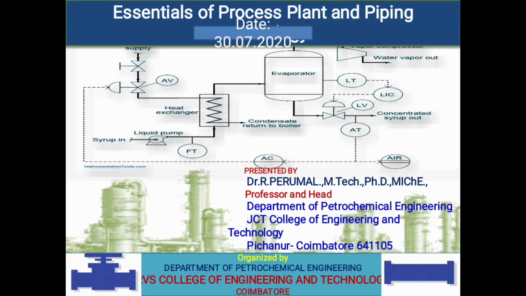You have to thoroughly know about the anatomy of the process in which you are working. In this manner, I am going to highlight some important aspects of process engineering and piping technology.